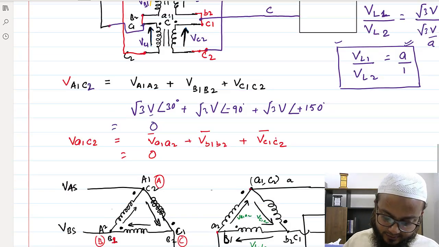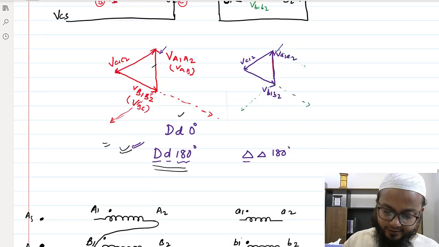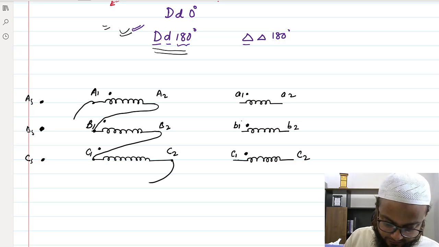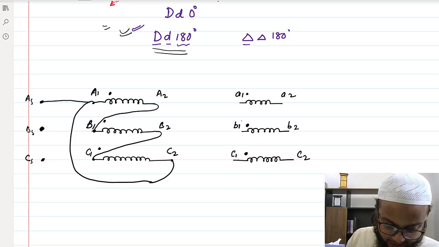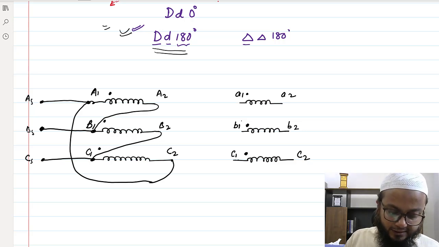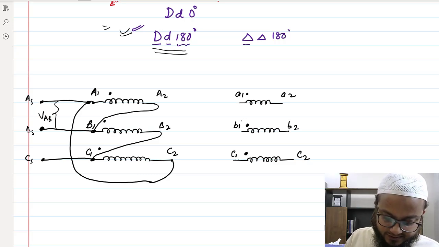So A2 with B1 and B2 with C1, and then C2 was connected with A1, and we gave the supply from here to A, from here to B, and from here to C. Okay, so if you see the line voltage here, that is VAB, it is nothing but the potential difference between this point and this point, right?